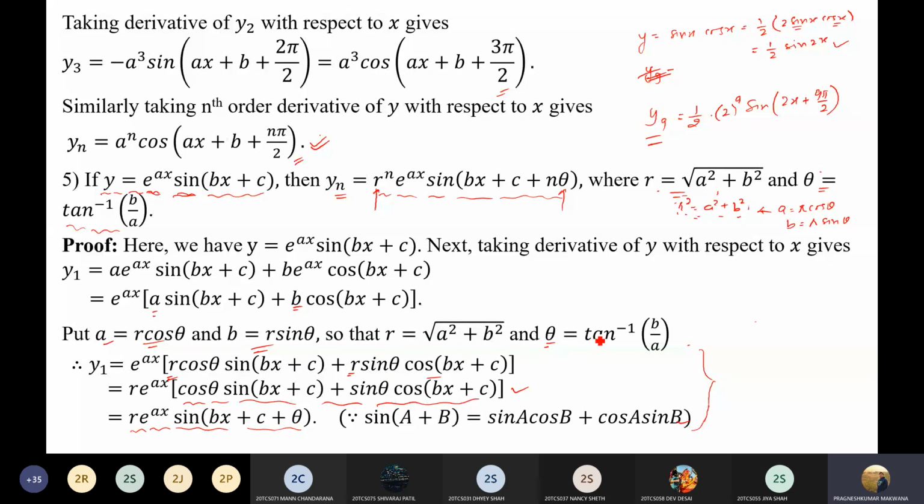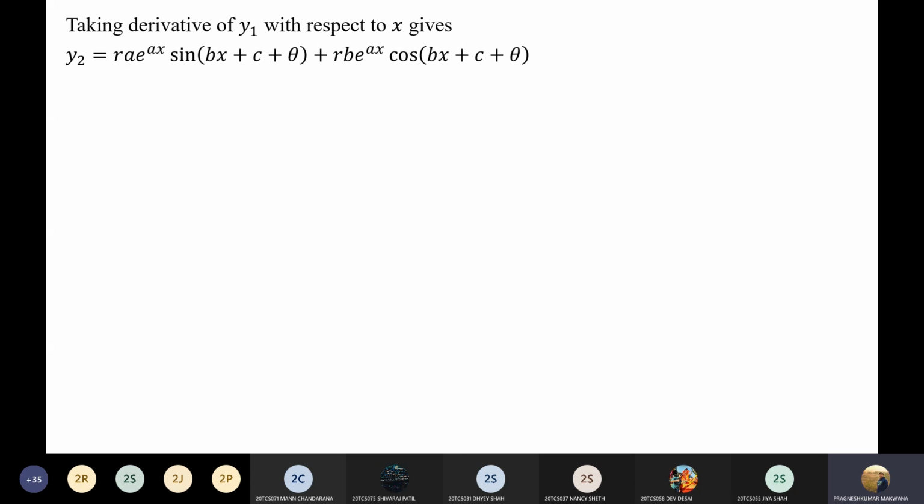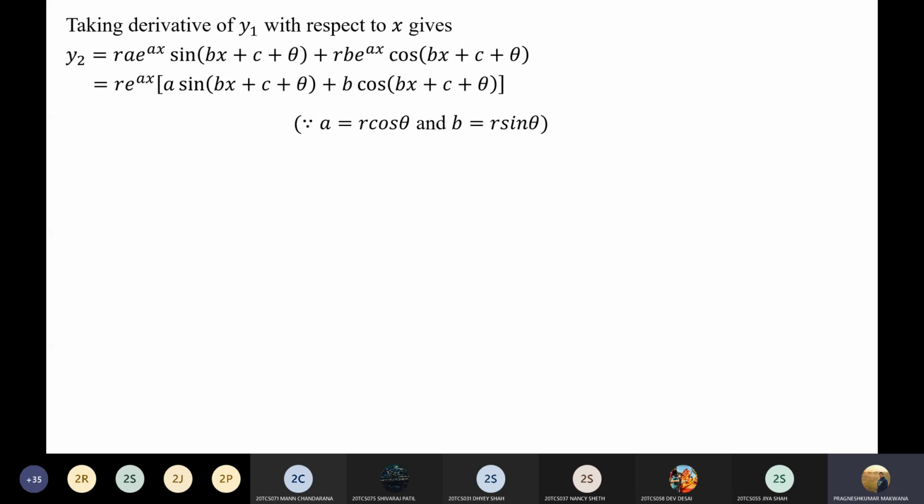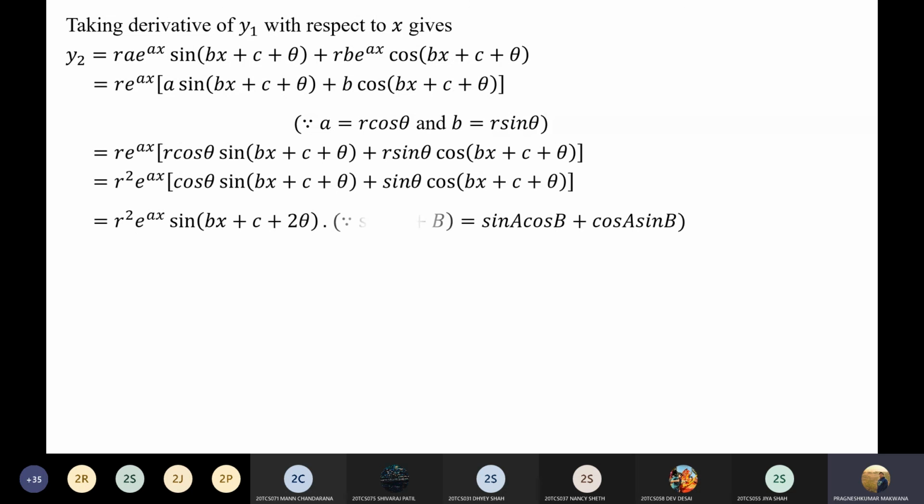Now again differentiating and simplifying, and by the same result we applied here, we get this result: r square e raised to ax sine of bx plus c plus 2 theta. And now generalize.